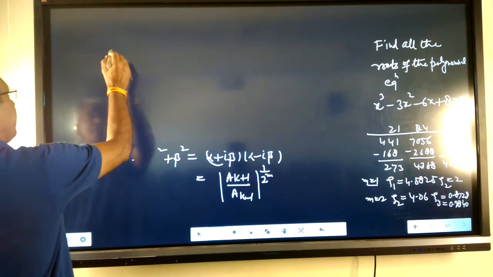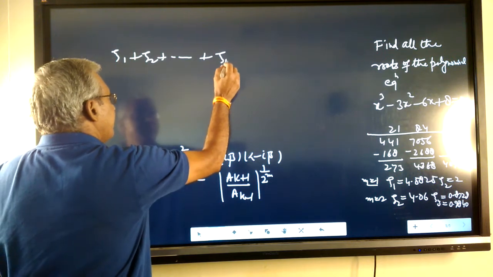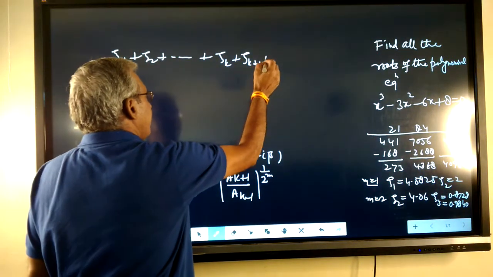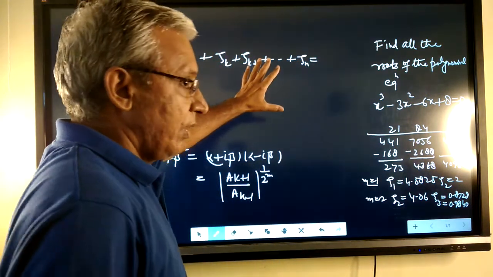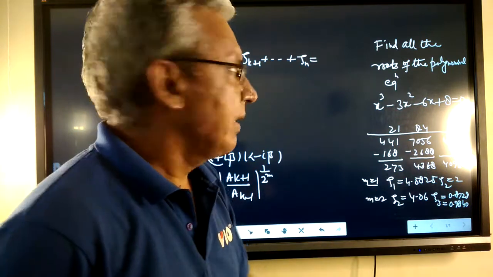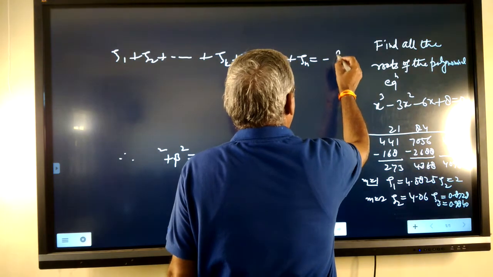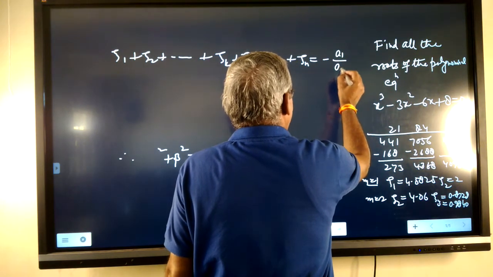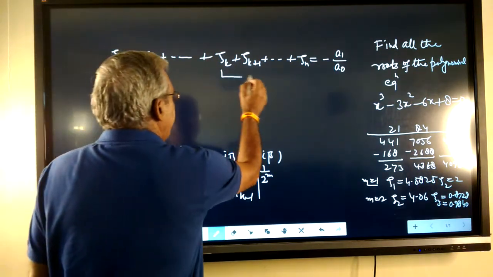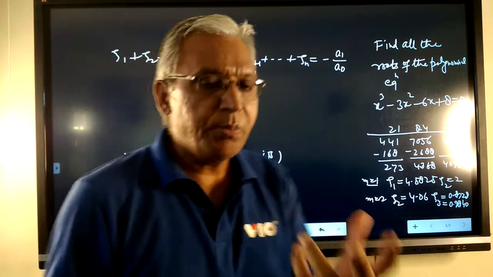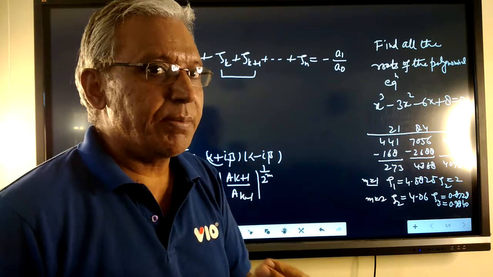Therefore, we have xi1 plus xi2 and so on plus xik plus xik plus 1 plus and so on xin. This is the sum of the roots. By the theory of equations, the sum of the roots is the negative of the coefficient of x to the power n minus 1 upon the coefficient of x to the power n. Here xi k and xi k plus 1 form a complex pair, so xi k is alpha plus iota beta and xi k plus 1 is alpha minus iota beta.